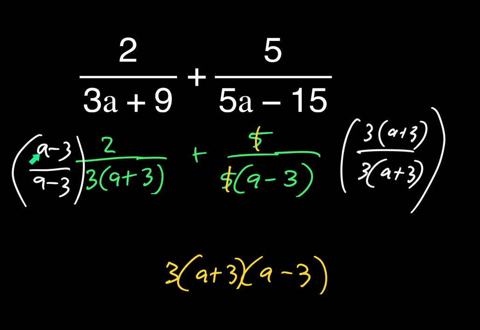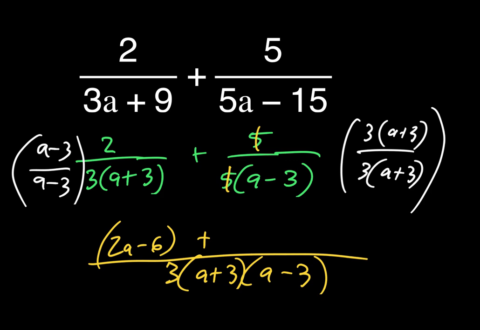So on the left-hand side, I will have 2a minus 6, because I did distributive property, plus, on the right-hand side, 3a plus 9.